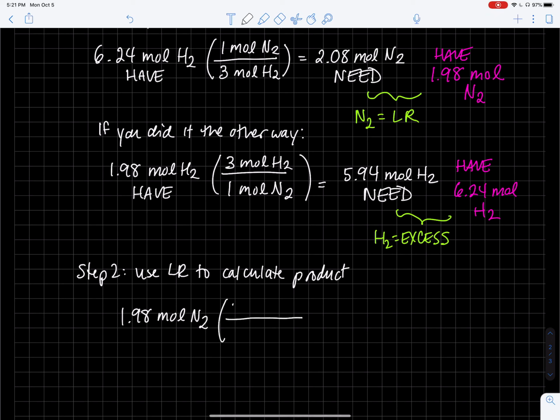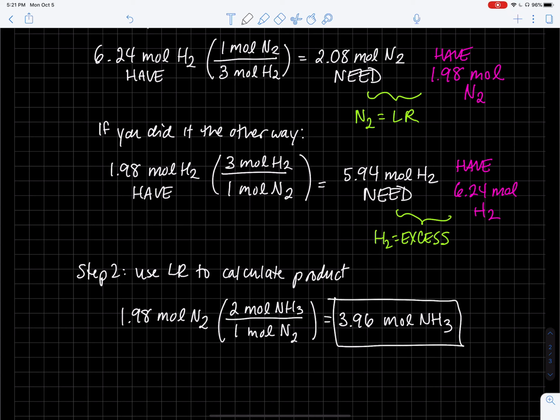And we use the fact that from the balanced equation, we make 2 moles of ammonia for every 1 mole of N2. And that gives us 3.96 mole of NH3. And that's how you do a limiting reagent problem.